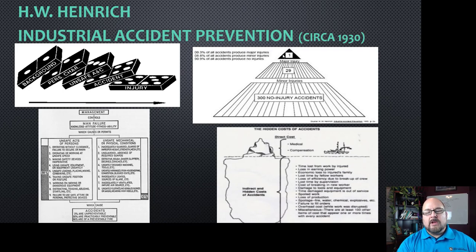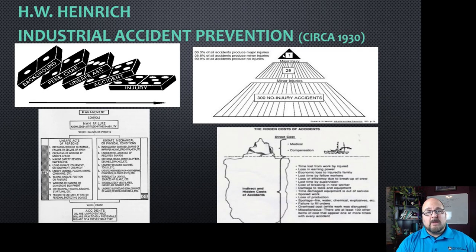And I agree, sure, but if you read his book and turn the page and read the reason for this model, the reason for providing these ratios is to say that there is value and importance in focusing on just an exposure. Because if the 300 no injury accidents, the near misses, are not reported, we never even hear of them, we don't know about them, and we only hear of the 29 and the 1.